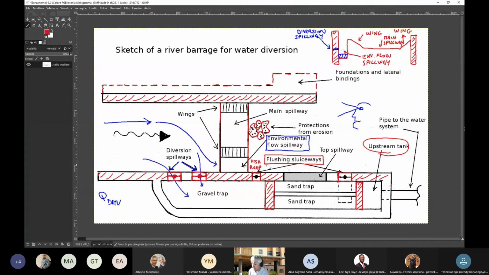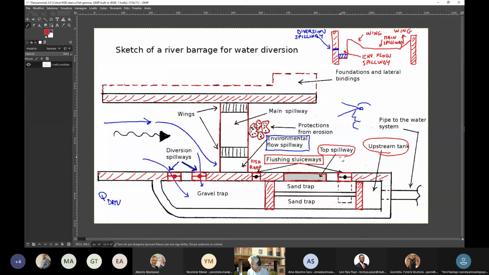But you also need a top discharge, because you want to make sure that if you have overflowing from these two traps, the water flows through a way that has been conceived for that purpose and may be protected. And this is the top spillway located here. So you need to design bottom discharges and also a top safety discharge. Okay, very good.